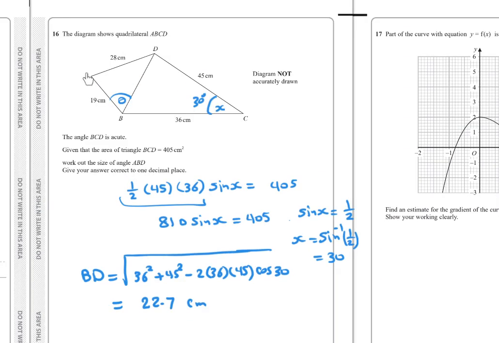Now in triangle ABD, BD equals 22.7. So we have the 3 sides. Now we can find this angle theta using the cosine rule.